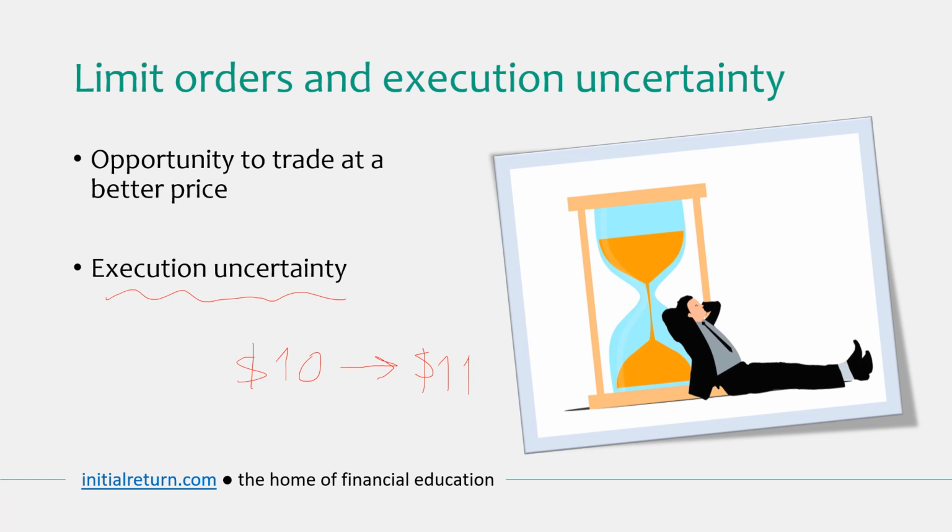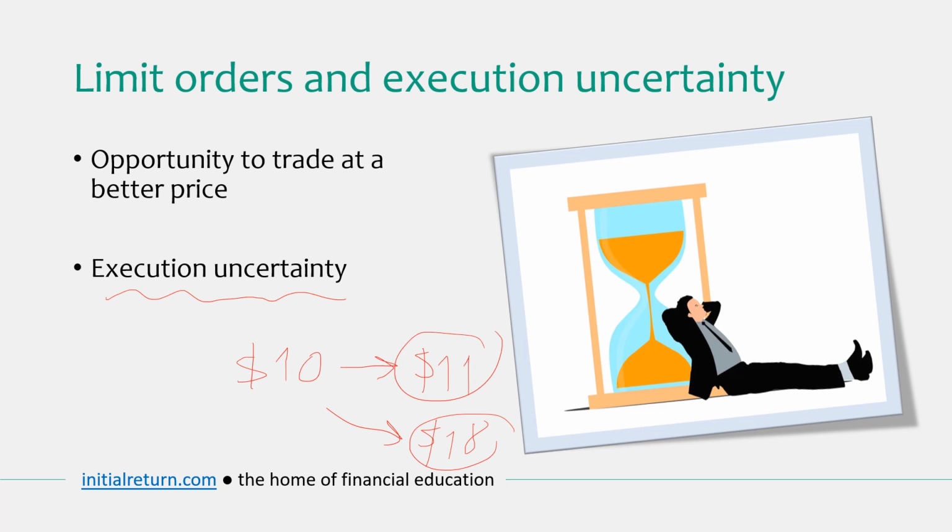For example, if you submitted a price like $18, clearly you would have to wait a lot longer before this can be executed compared to the $11, right? So this has a lot more execution uncertainty. But even in this case, there will be some execution uncertainty.